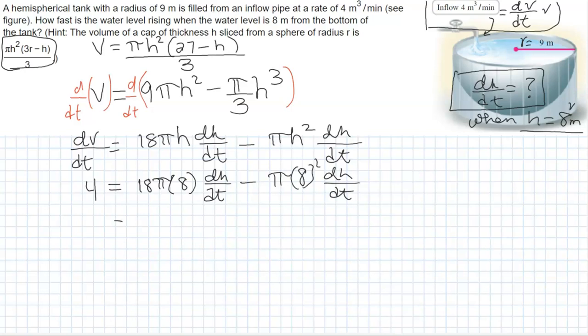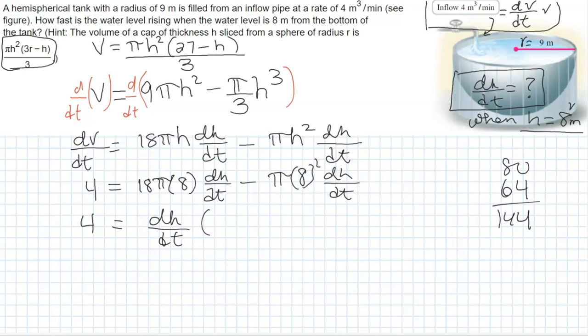We have to factor out dh/dt. So 4 equals dh/dt times, factored out, 8 times 18: 8 times 10 is 80, 8 times 8 is 64, and you will have 144.